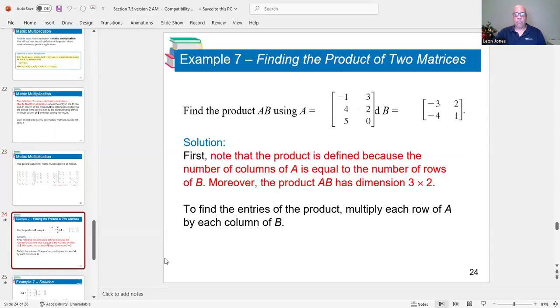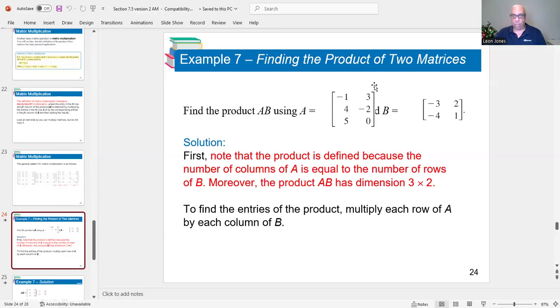Find the product AB using A, and then you also have DB. Well, the solution: first note that the product is defined because the number of columns of A is equal to the number of rows of B. Moreover, the product AB has a dimension of 3 by 2.